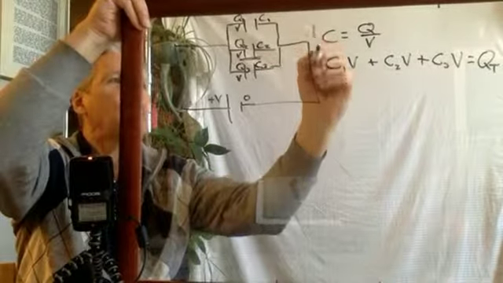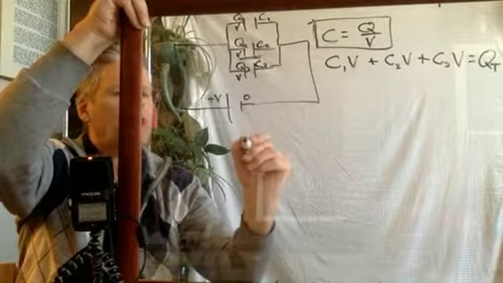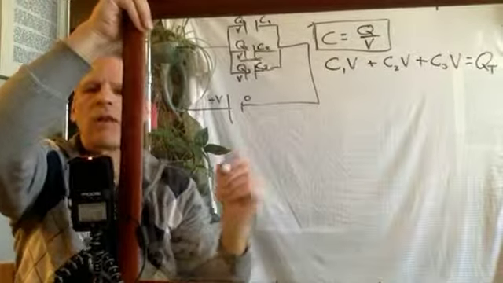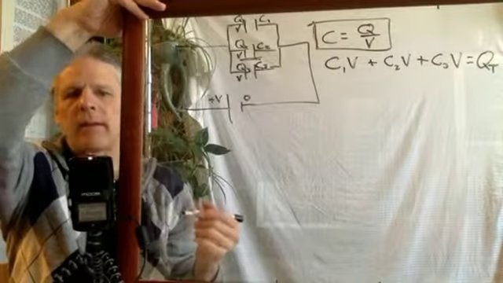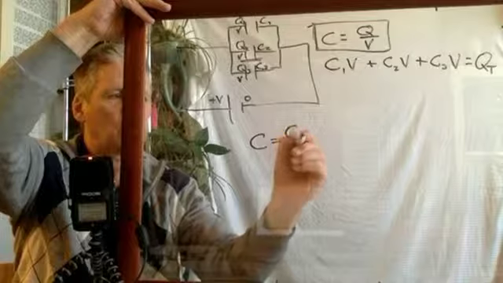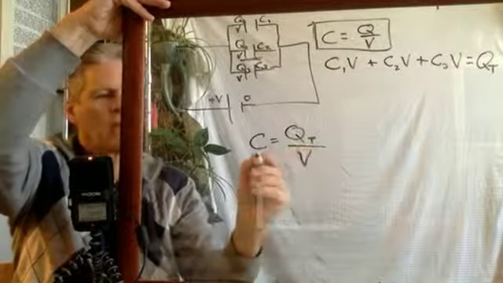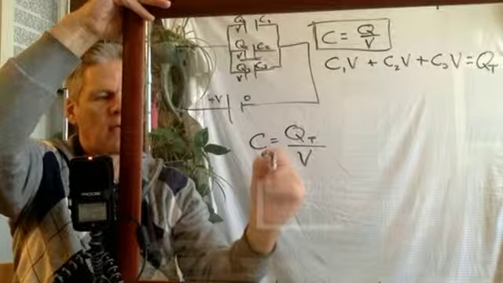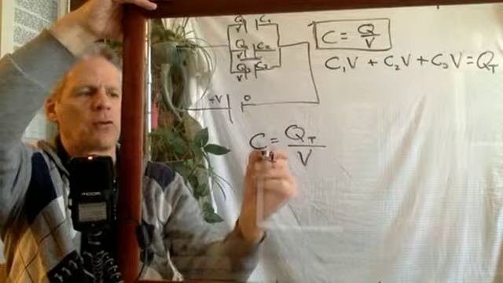So what's our job? Now we're going to use this right here to determine what our equivalent capacitance is. In other words, what one capacitor would hold exactly the same amount of charge. Well, we're just going to use this definition, Q total over voltage. I'll go ahead and say equivalent. We could also say total capacitance, but equivalent is the standard terminology.